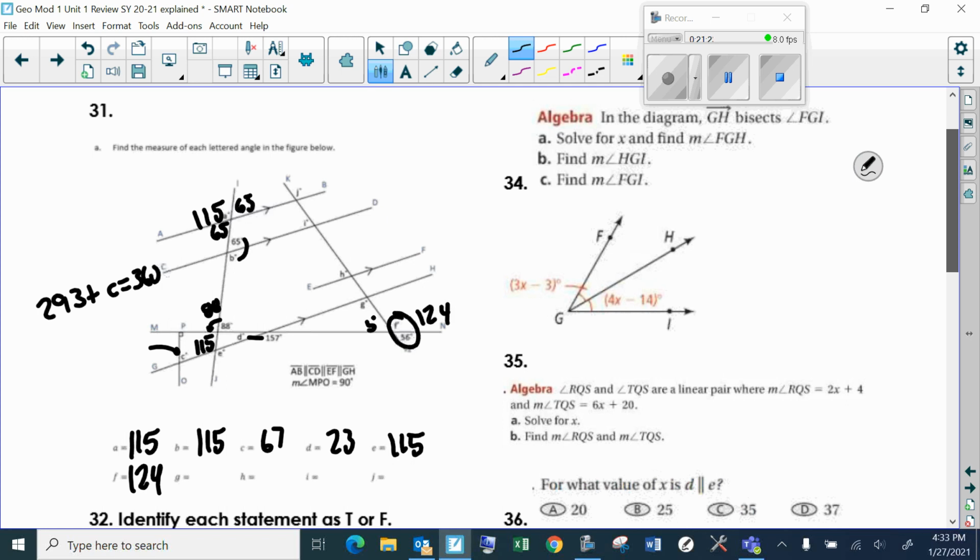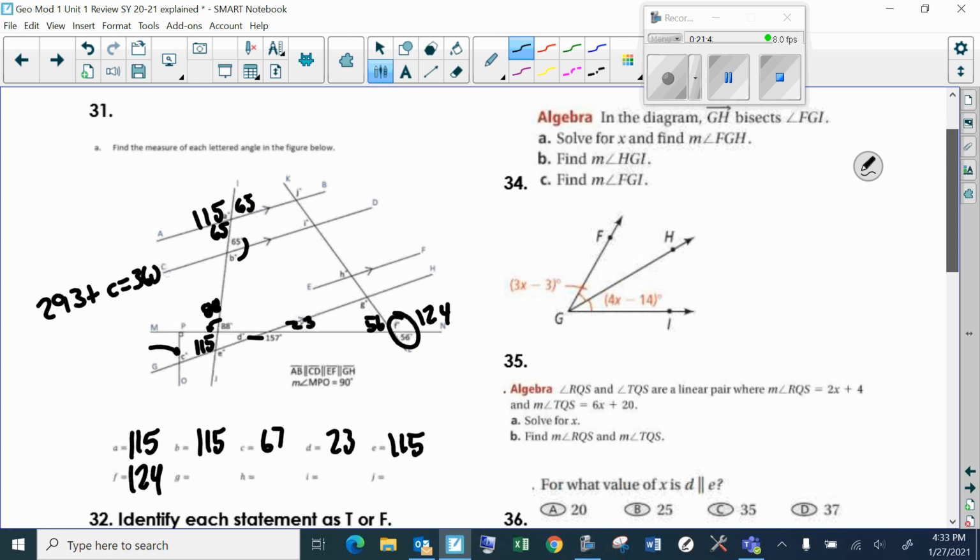Okay, this is a vertical angle right there for 56. This D was 23. That's its vertical angle, right there, 23. I add those two together, use triangle sum theorem.